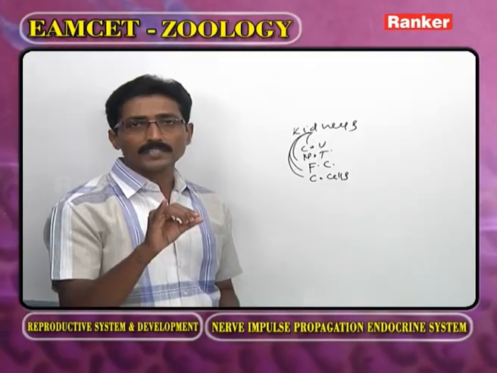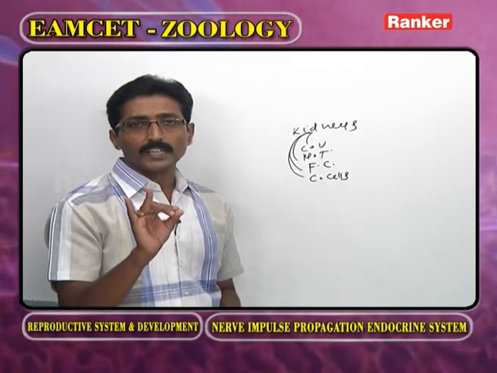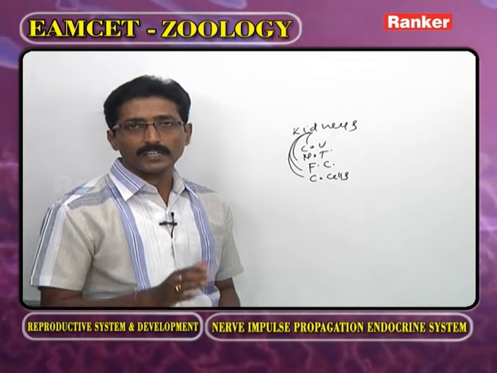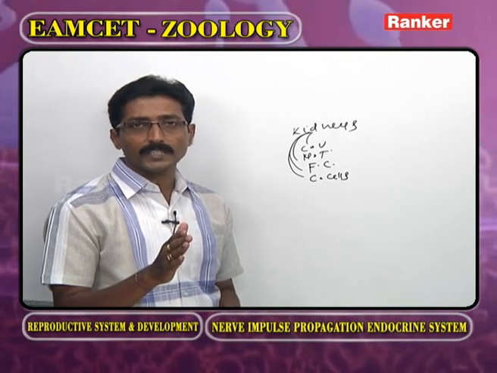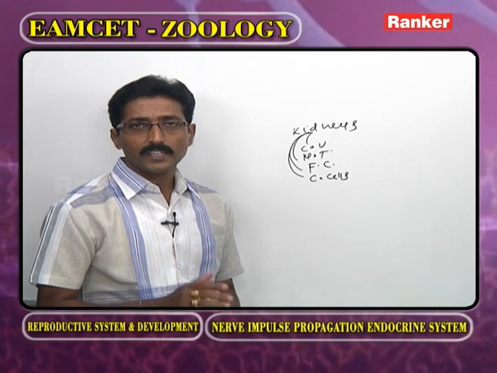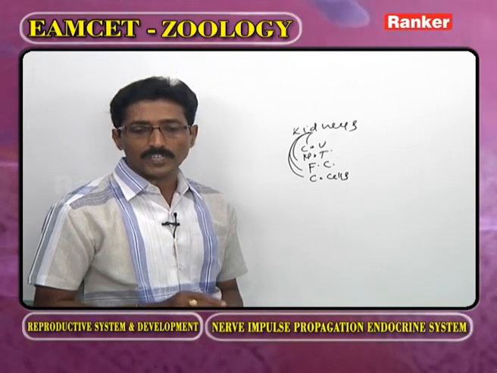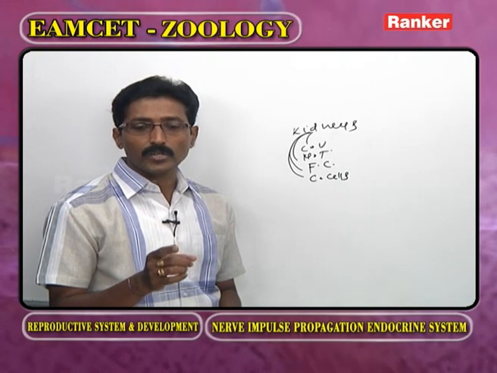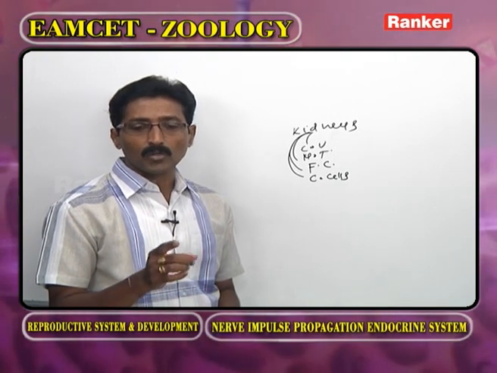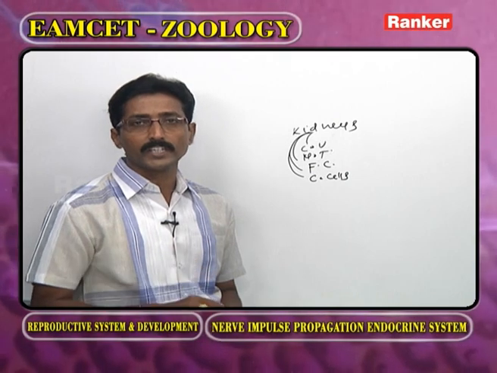One example is the earthworm. The second example is elasmobranchs. And the third example is adult amphibians. And the last example is mammals. Now observe the first statement: all ureotelic animals are provided with mesonephric kidneys.